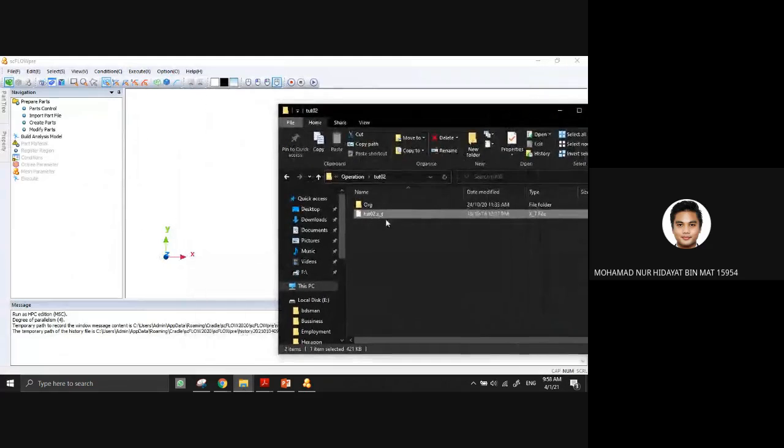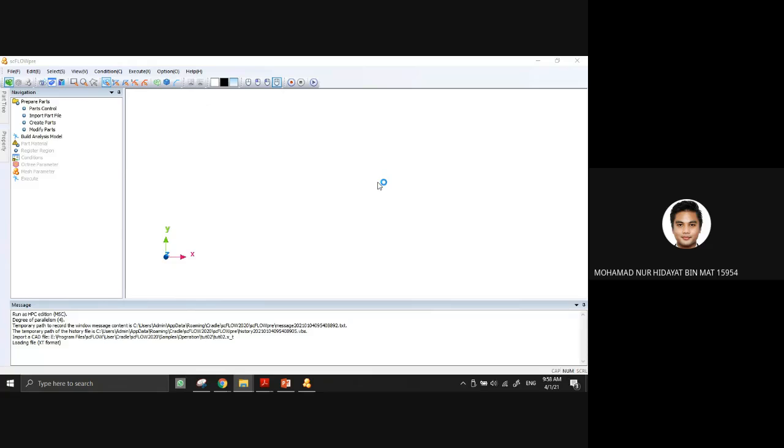This is the format, Parasolid format, X underscore T. You drag here. Just drag and drop. Wait for a while. This is the best part that I can say to you if you use this kind of software, CFD.